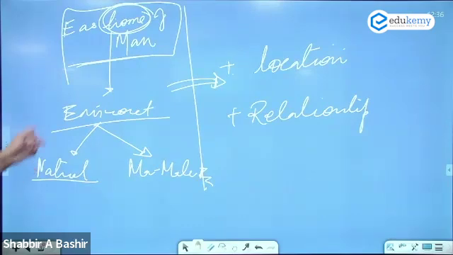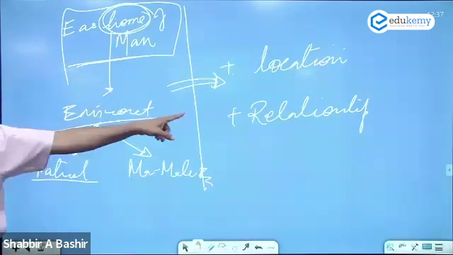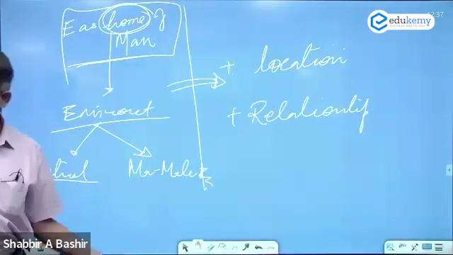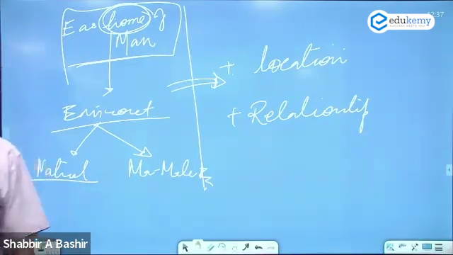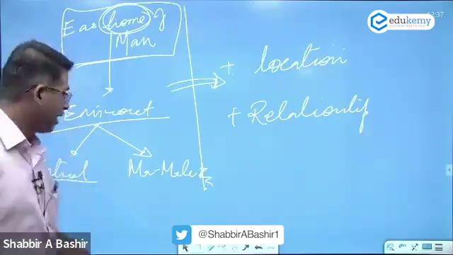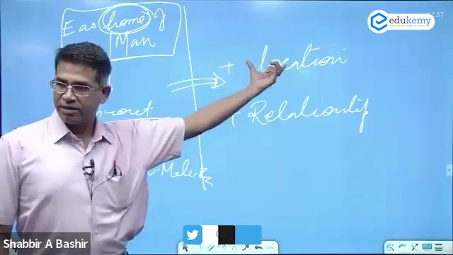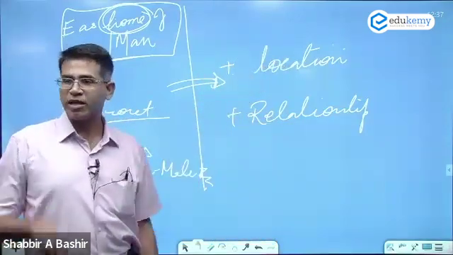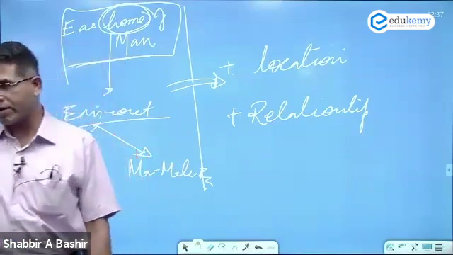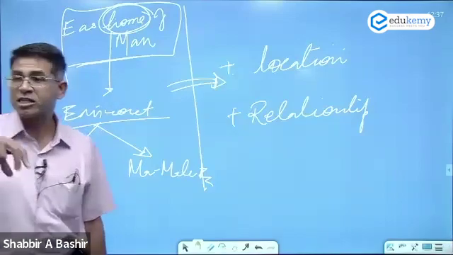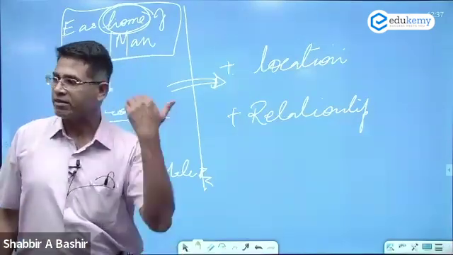So study the location of trees and trees' relationship with other elements of the environment. Man-made, roads we have made, houses we make, industries we make. Fine, all of you? So for man-made also, the location. What does man make and where? Plus the relationship. The road's relationship with probably economy. The road's relationship probably with the houses that you live in. The road's relationship with the soil on which the road has been made.